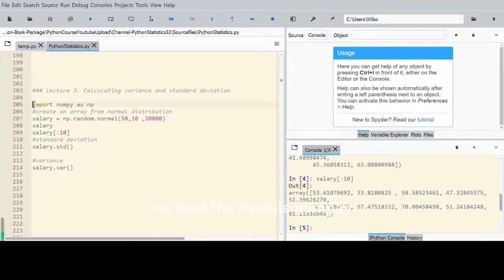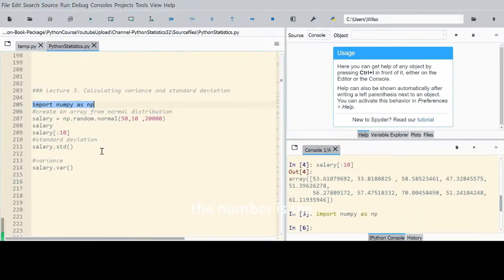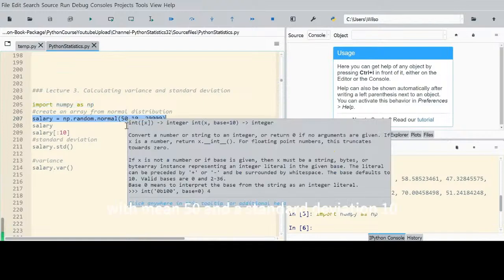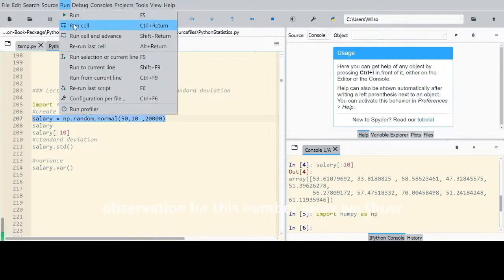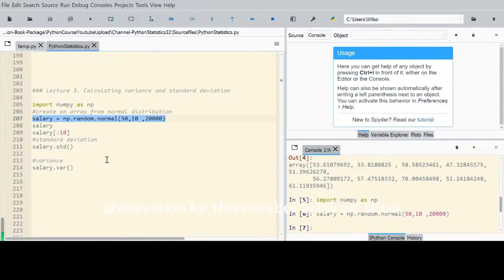First, we load the module NumPy. NumPy is the most common library in Python for calculation. Then we create an array of random numbers with a normal distribution with mean 50 and a standard deviation 10, with 20,000 observations for this NumPy array.